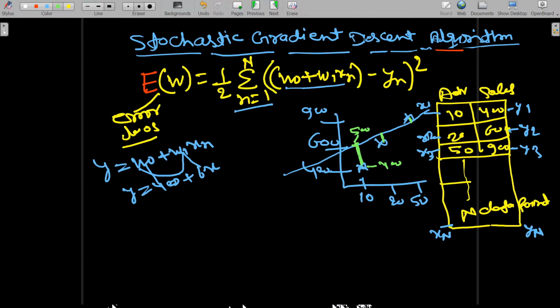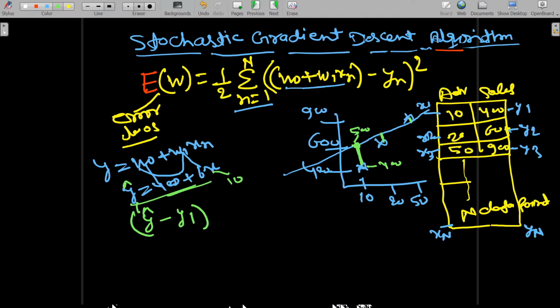So how do we calculate these errors? The predicted value is the y cap. When you put x1, it will give you some value on the line, and that is this particular point. So the predicted one is y1 cap, and the actual one is y1, which is 400.